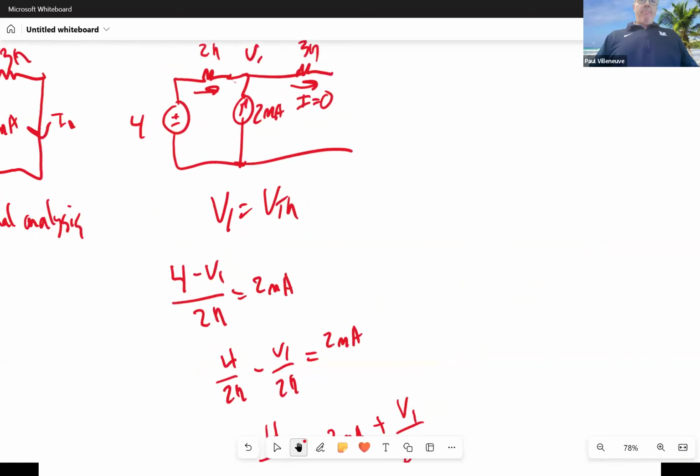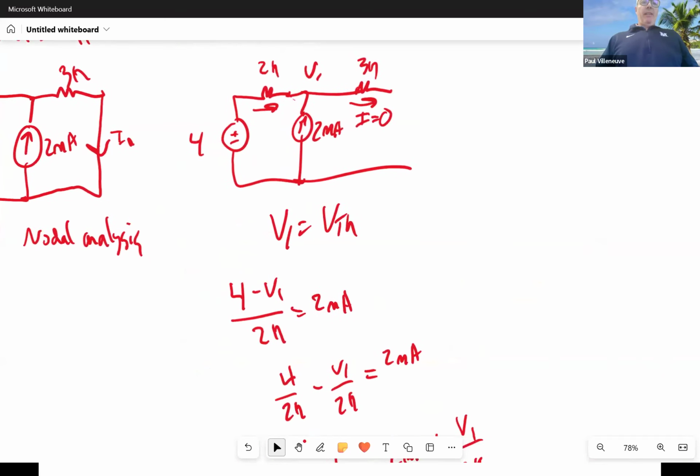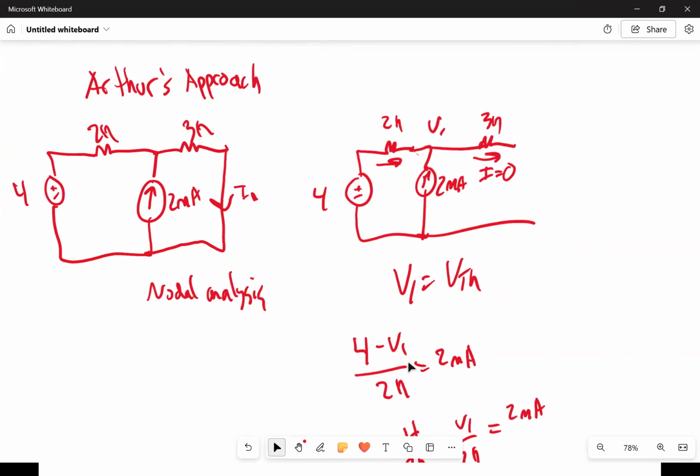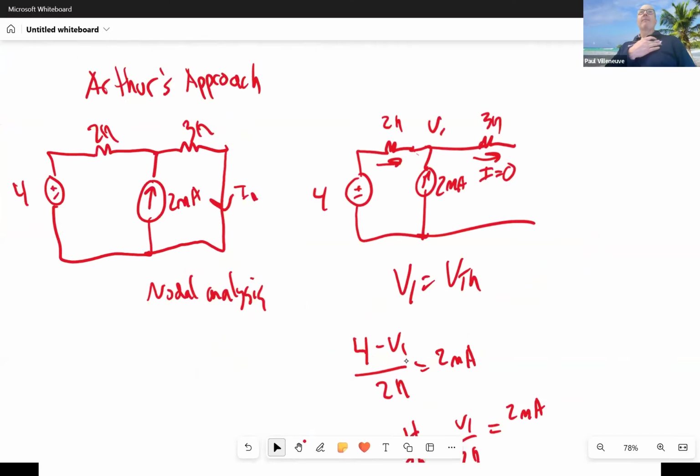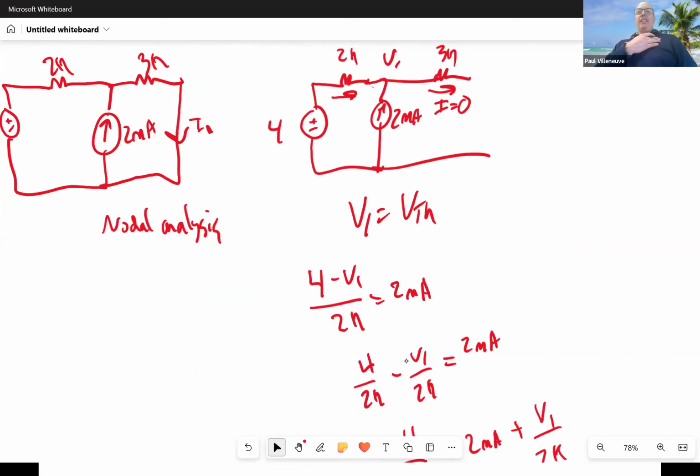It has to be 2 milliamps, right? I thought up above it was 2 amps in your printed version. Oh, 2 milliamps, right? Okay, my mistake. I based mine on 2 amps, by the way. Oh, you based yours on 2 amps? Yeah, I did. I'm sorry. That's okay. So what happened here? Both sources canceled out?